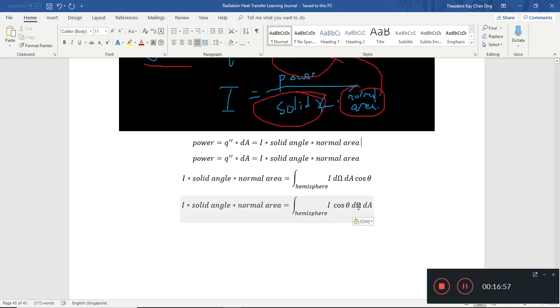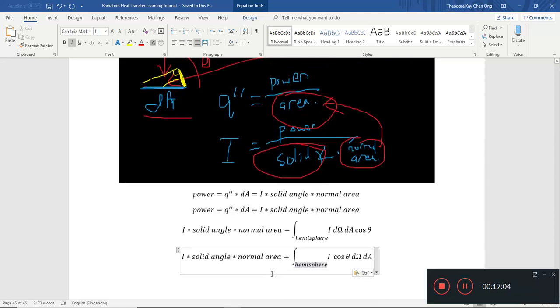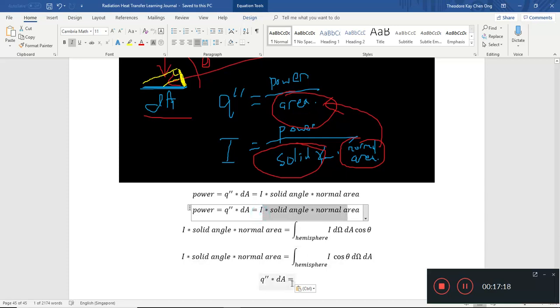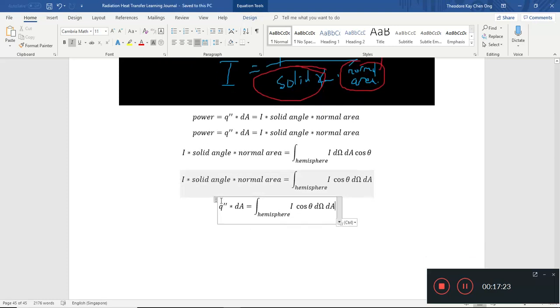I need to have integral of I times cosine theta across the whole hemisphere, and then we will have what we want. So if we equate this q dA to whatever this is, we can just copy and paste the integral here, and divide both sides by dA since it's a constant, and we will have a very nice expression for the heat flux.